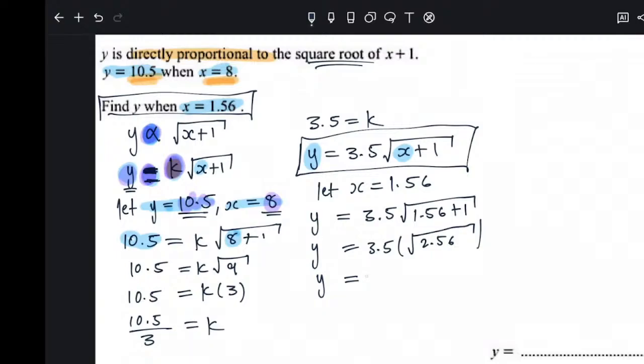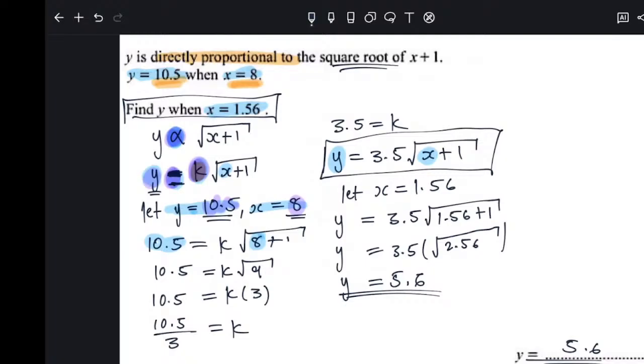It's 5.12. Didn't anyone get 5.12? No, I'm sorry, I made a mistake. 3.5 open bracket root of 2.56 close is equal to 5.6. I got 5.6. Did anyone get 5.6? 5.6. Great. So this is the correct answer, okay?